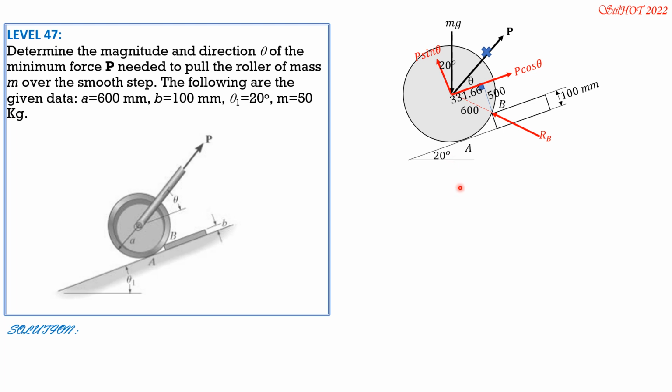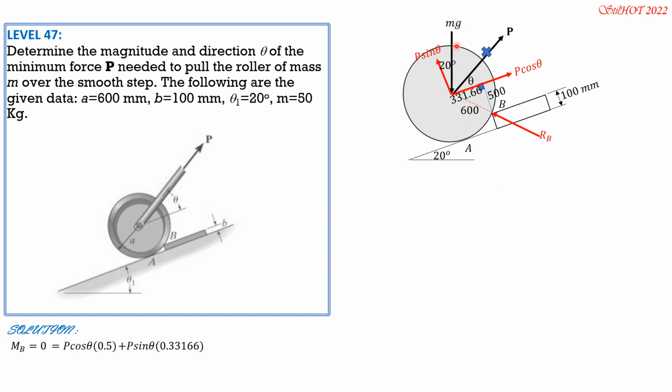So set moment at B equals 0, clockwise positive. So P cosine theta, let's make 500 mm to 0.5 meter, so P cosine theta times 0.5. P sine theta is also clockwise, so plus P sine theta times 0.33166 meter.